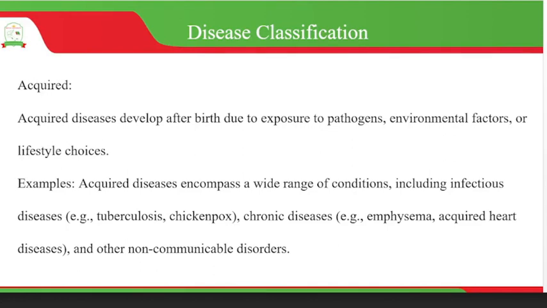If a baby is born in an environment with microorganisms, likely to get those pathogens, and those pathogens, when they invade the body, they will cause disability. And there is a wide range of conditions, including infectious diseases such as tuberculosis.